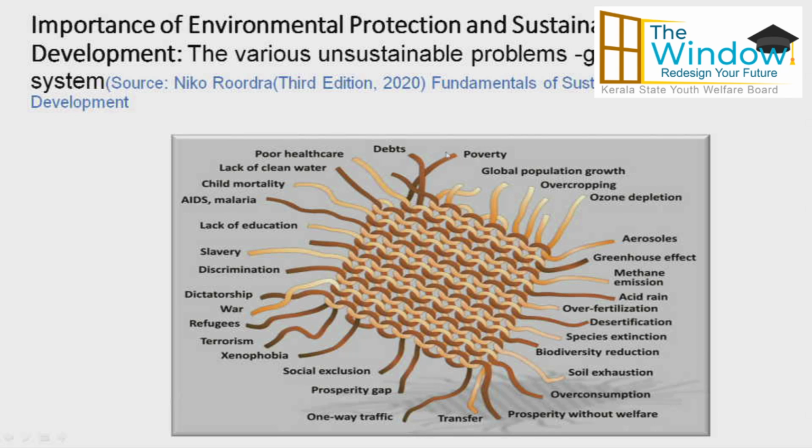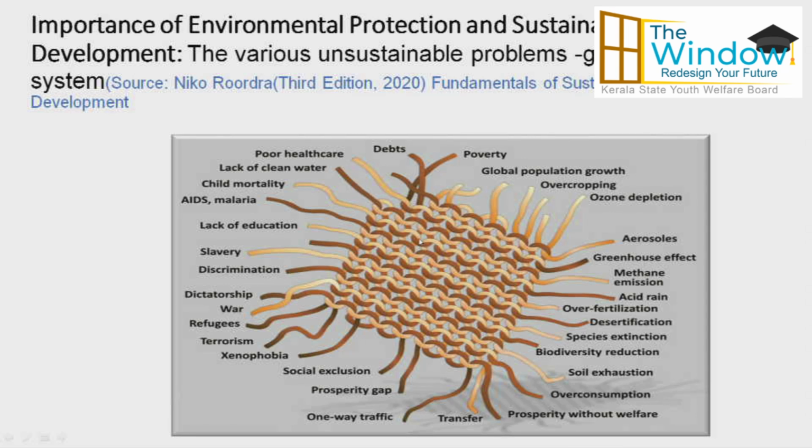Poverty is linked with other aspects: global population growth, overcropping, ozone depletion, aerosols, greenhouse effect, and then that moves to biodiversity reduction, soil exhaustion, then prosperity gap, social exclusion, dictatorship, war, slavery, discrimination, lack of education, child mortality, AIDS, malaria, lack of clean water, poor health care, etc.